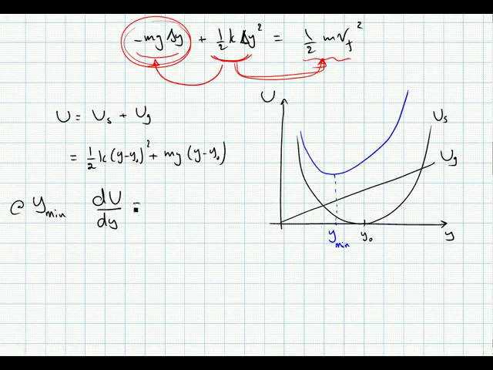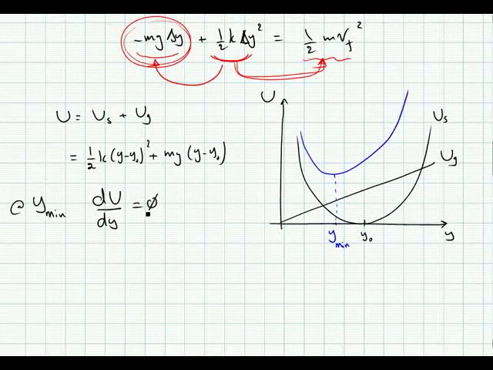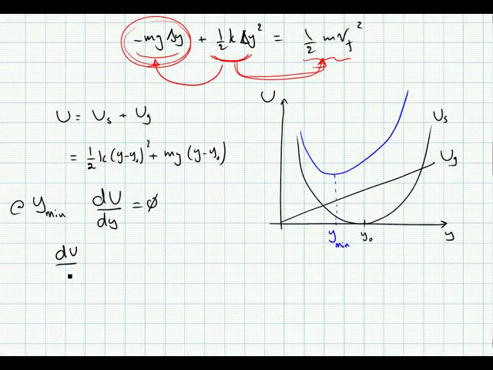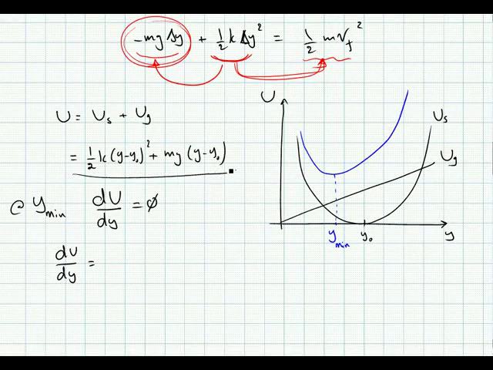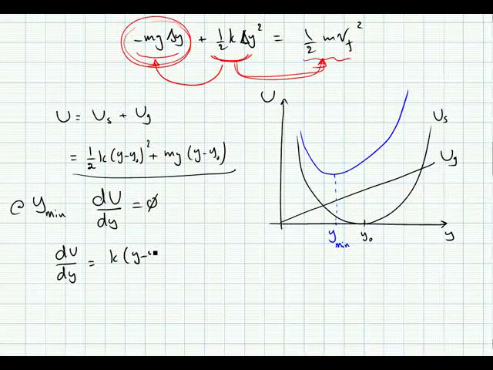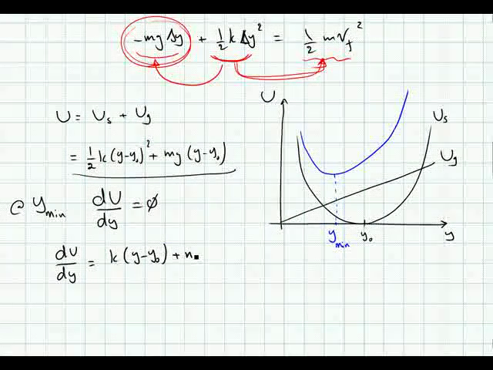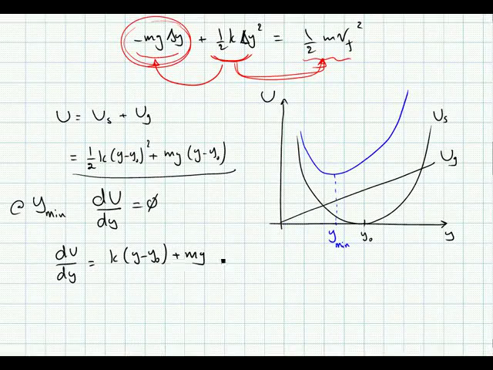At y min, du dy is 0. What is du dy? Du dy is differentiating this expression up here, we end up with k times y minus y naught plus mg.